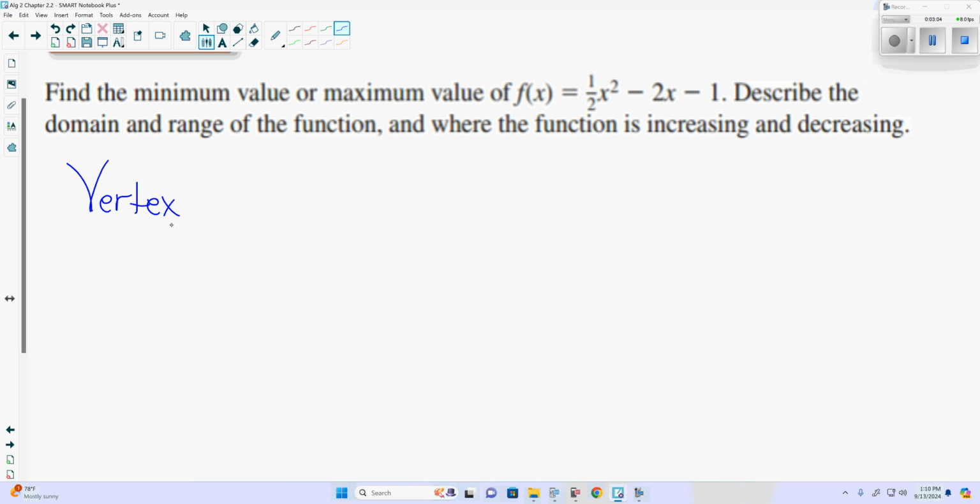Now, because this is in standard form, ax squared plus bx plus c, let's leave the items alone and pay attention to this here. We can use that to find our vertex, because our vertex, as given to us for standard form, is negative b over 2a, comma f of negative b over 2a.